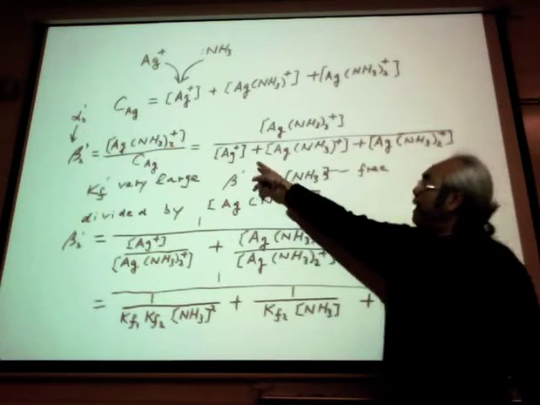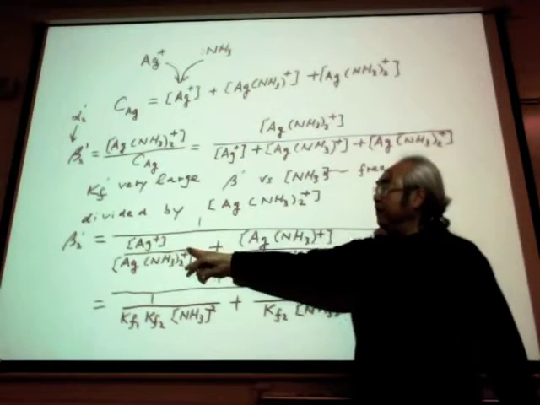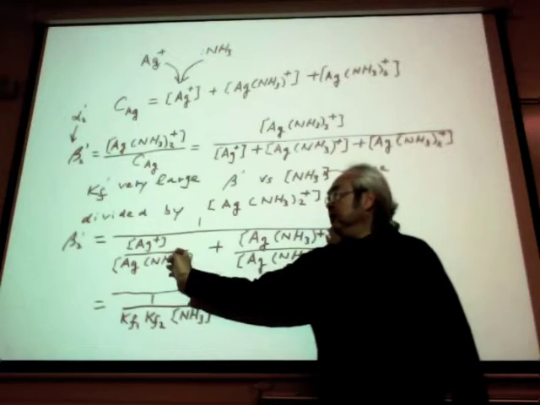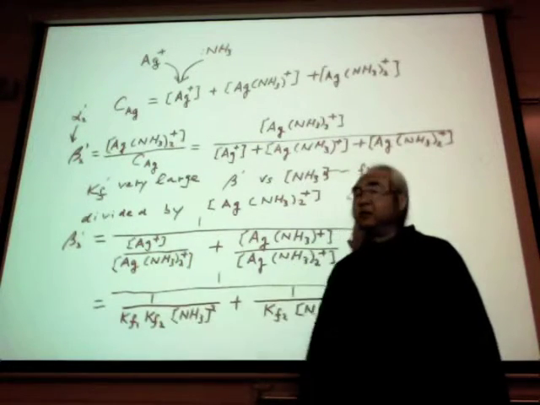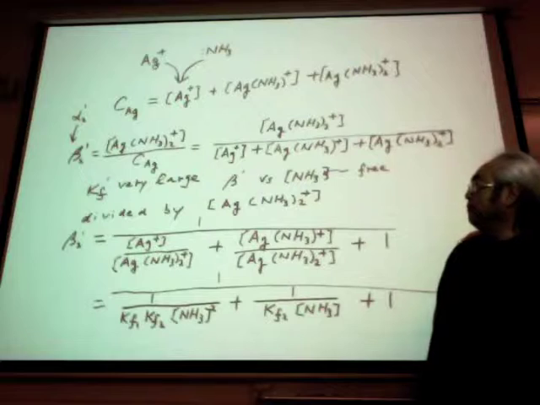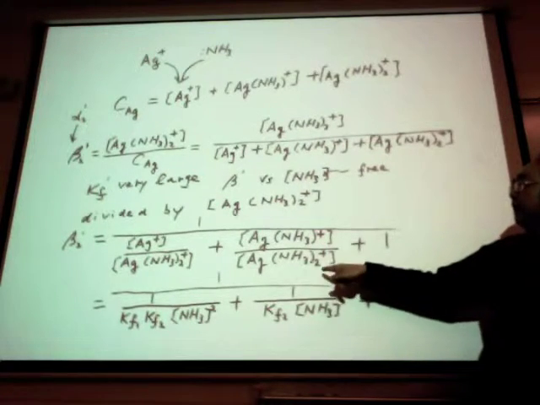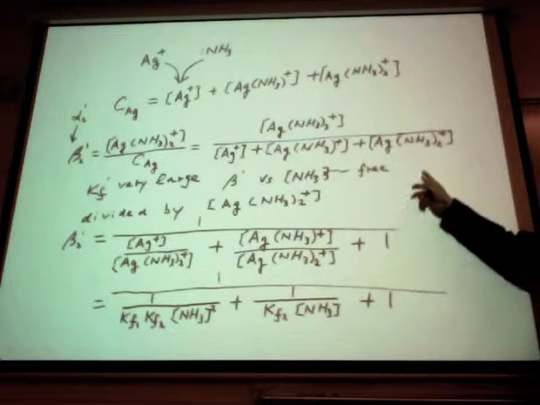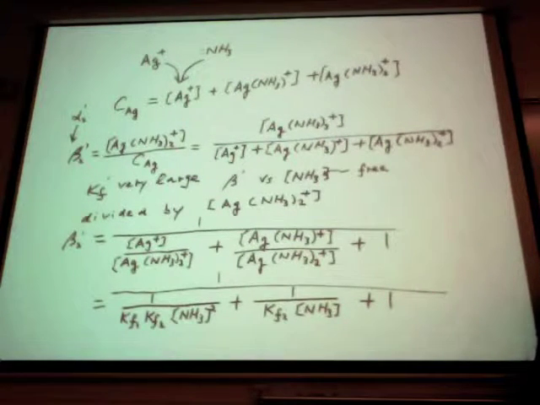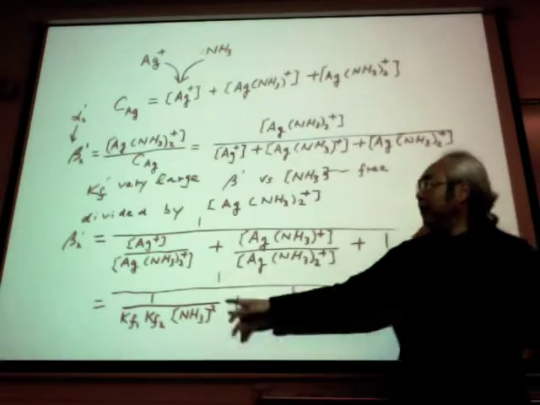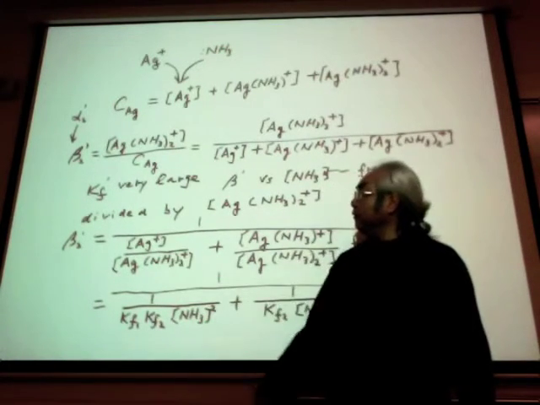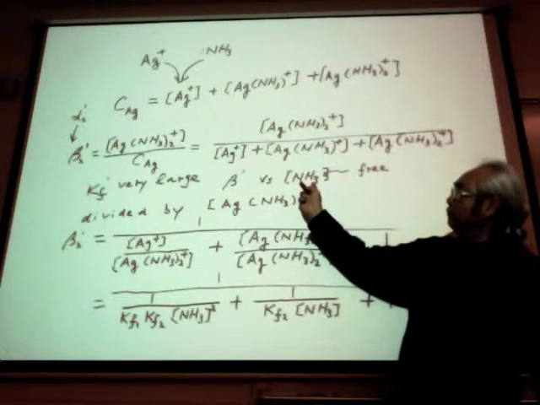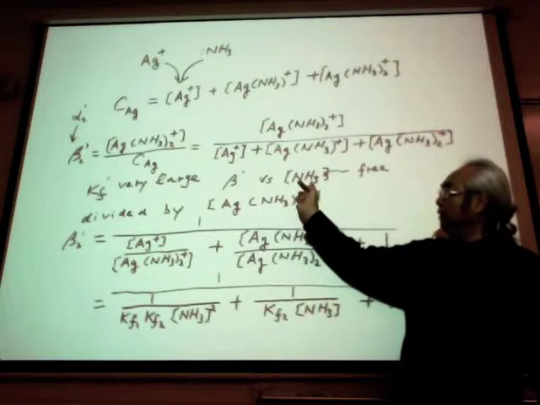Now the bottom one, the silver ion divided by that, you will need the Kf definition. Then the first complex divided by the second complex. The second complex divided by itself reduces to 1. So instead of writing silver, we are deriving a relationship to ammonia and Kf only.